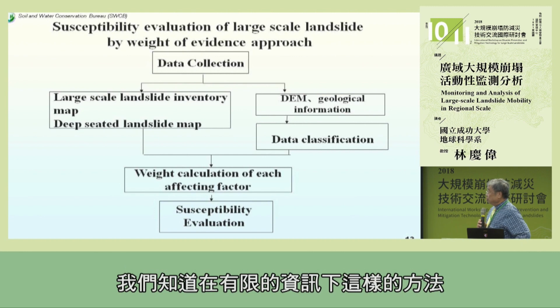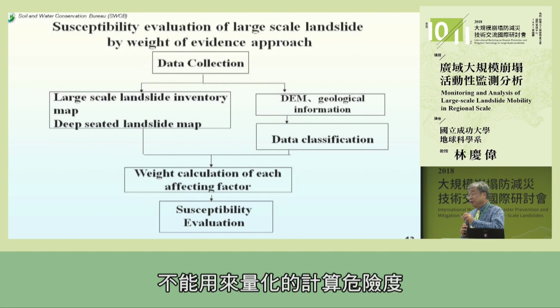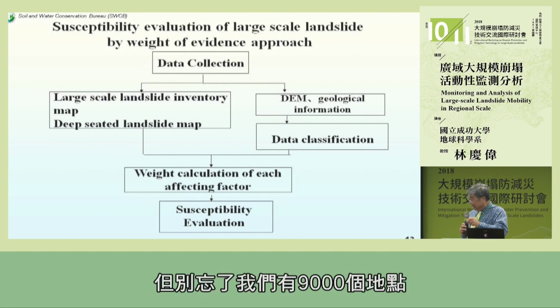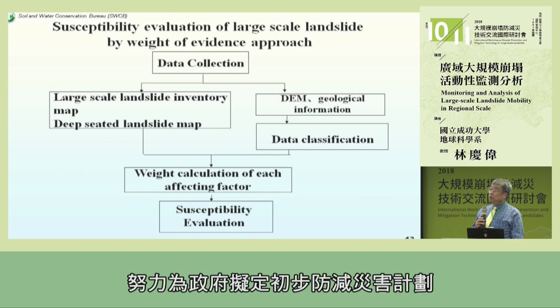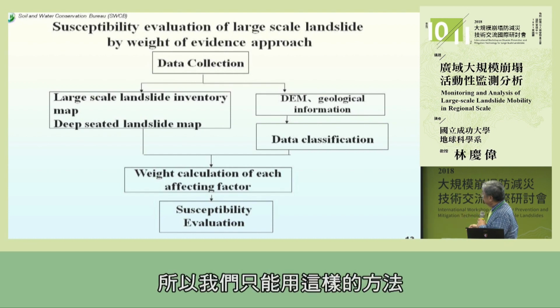We know it will not really represent the susceptibility if we had much more detailed information. But don't forget that we have 9,000 sites, and within 4 years we try to establish a preliminary hazard mitigation program for the government. So that's the approach we took.